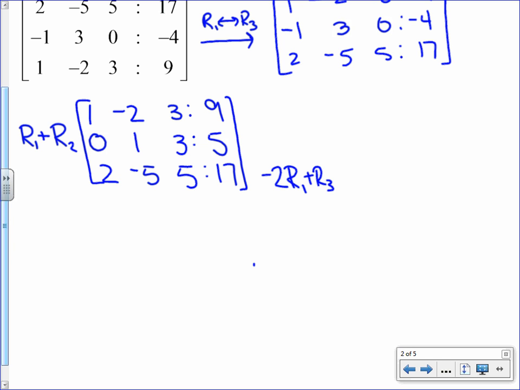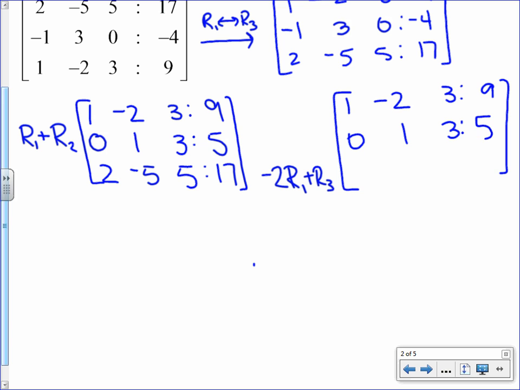Okay? So our first two rows are going to stay the same. When we multiply row 1 by -2 and add it to row 3, what do we get here? 0. -2 times row 1 plus row 3, what do we get here? -1.